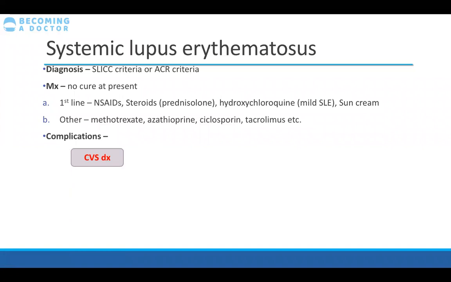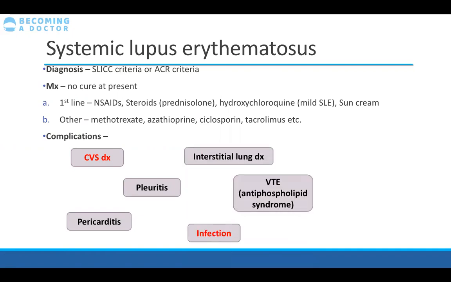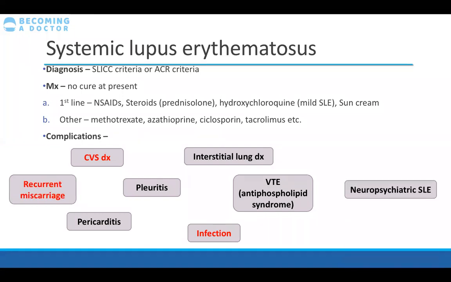It's important to be aware of the complications of lupus. So cardiovascular disease is one of them. Pericarditis is another one. Pleuritis, infection is a common one. Interstitial lung disease, VTE, and antiphospholipid syndrome. Recurrent miscarriages are also a common complication of lupus.